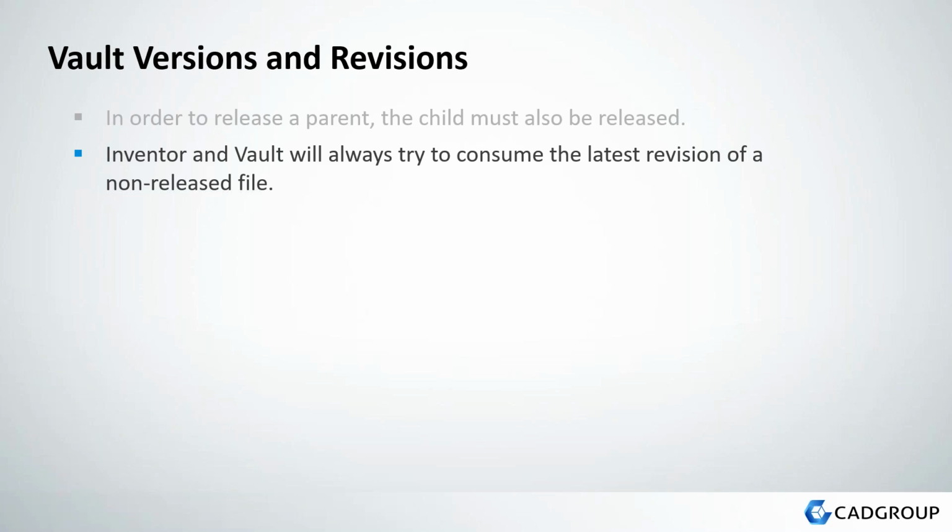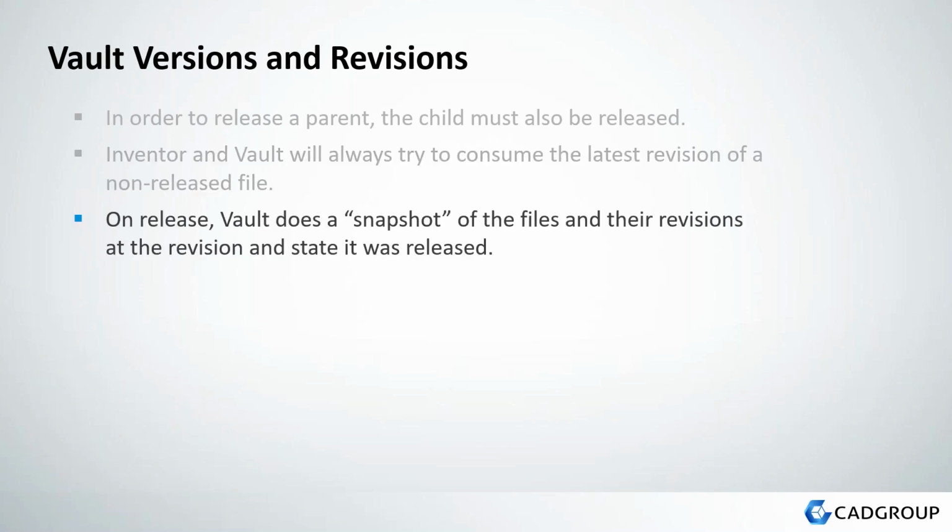It means that whenever you open up an assembly and it's in a non-released state, it'll always try to consume the latest versions of those children. And that makes sense because you want to make sure that the assembly, while it's in work in progress state, is always referring to that latest version of a file.